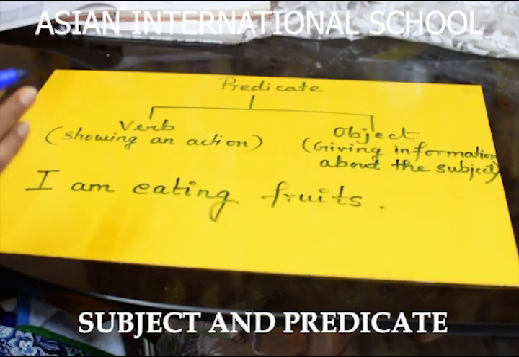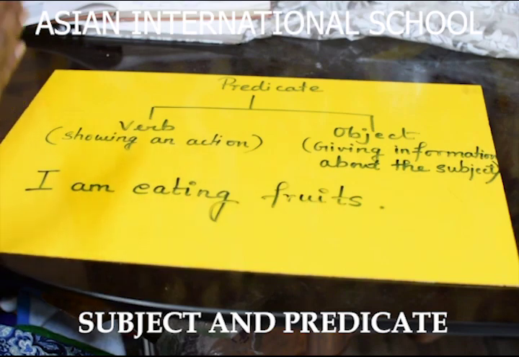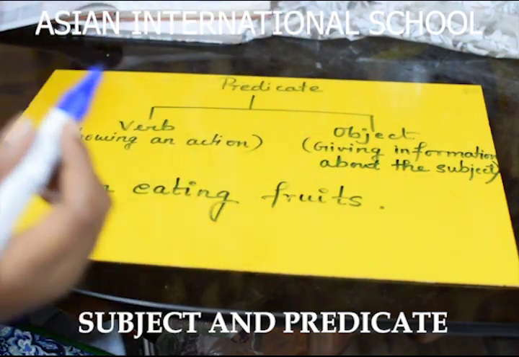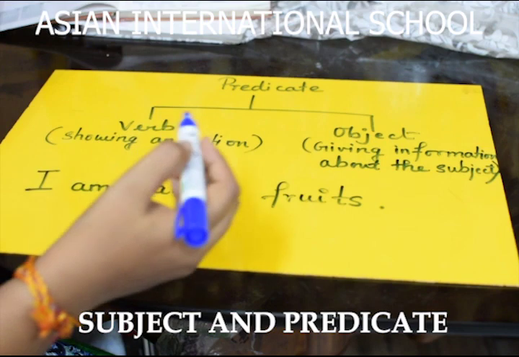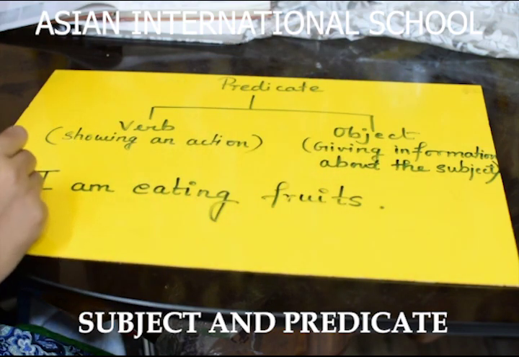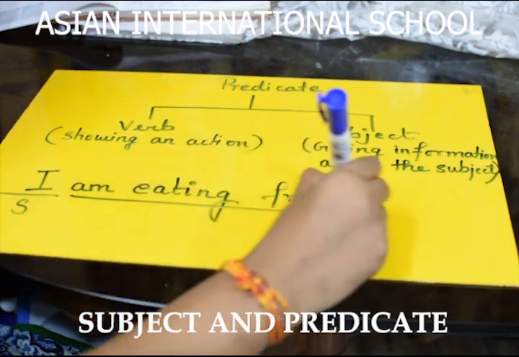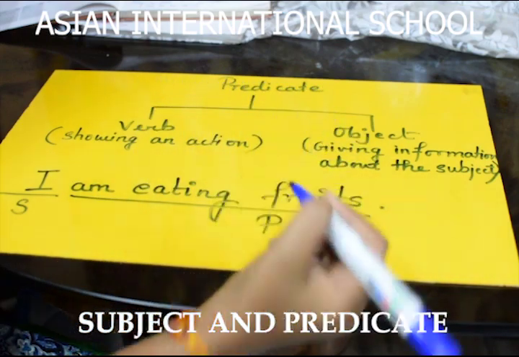So, a sentence is divided into two parts, that is subject and predicate. A predicate again is divided into two parts, that is a verb and an object. Example, I am eating fruits. So here I is the subject, am eating fruits is the predicate.